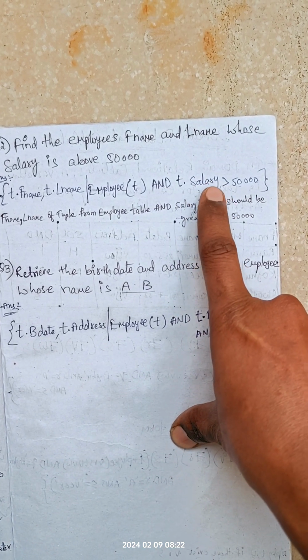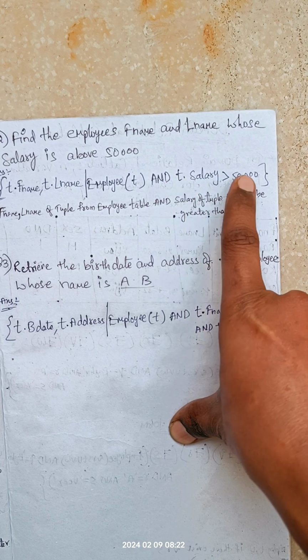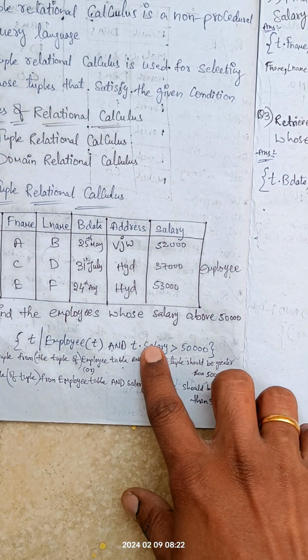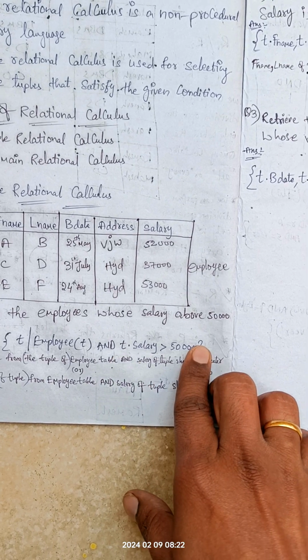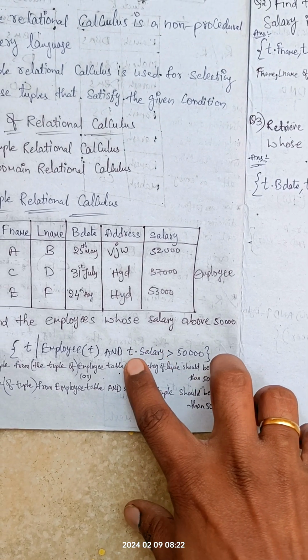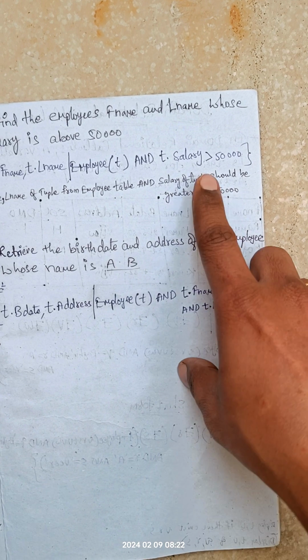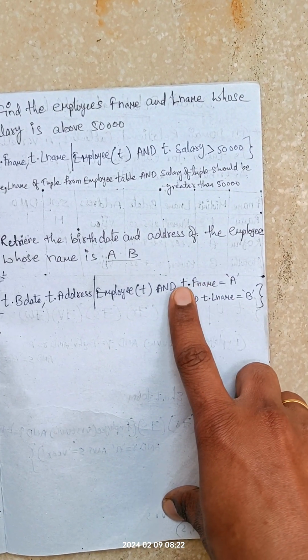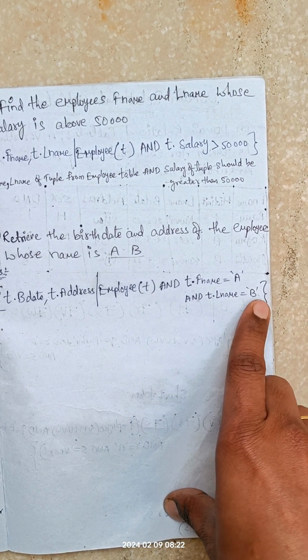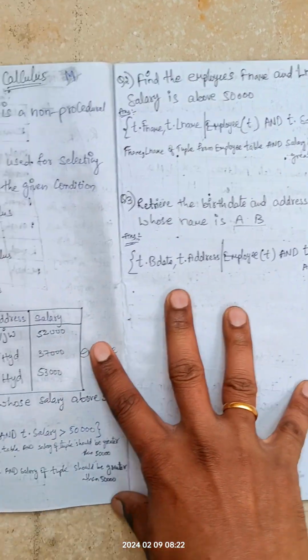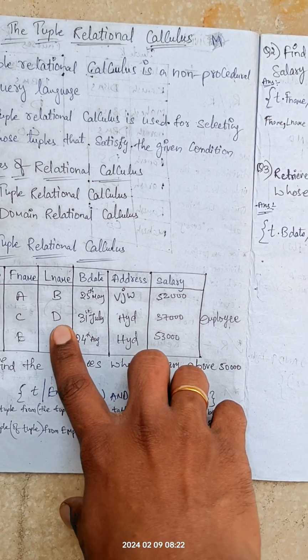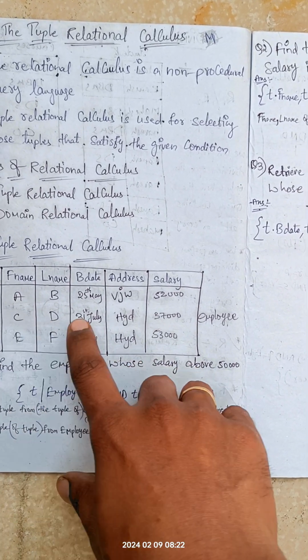See, salary of the tuple should be greater than 50,000. Here the condition is salary of the tuple should be greater than 50,000. Here the condition is first name of the tuple should be A, last name of the tuple should be B. If you write first name of the tuple is C and last name of the tuple is D, then you will get this output.